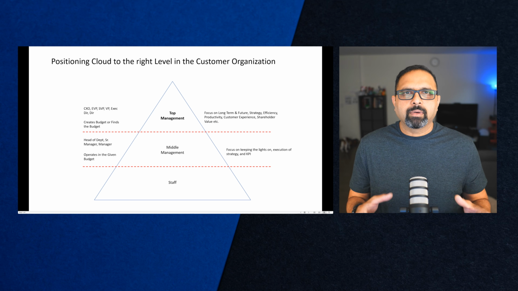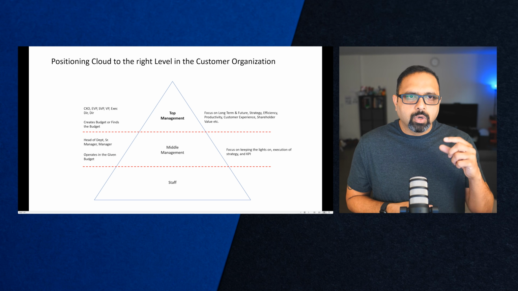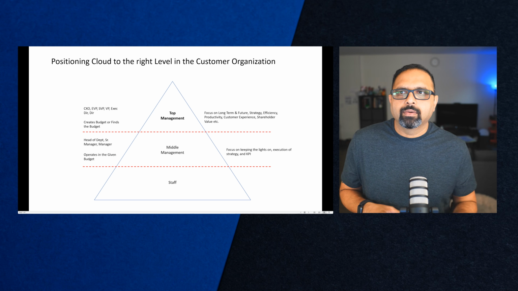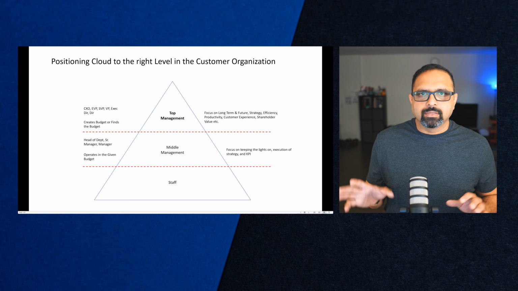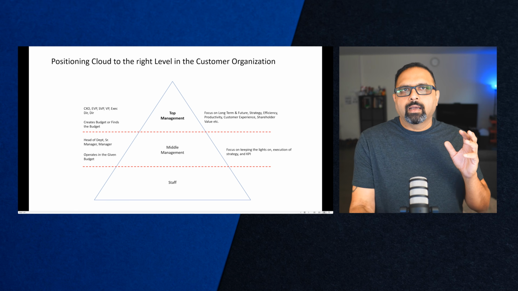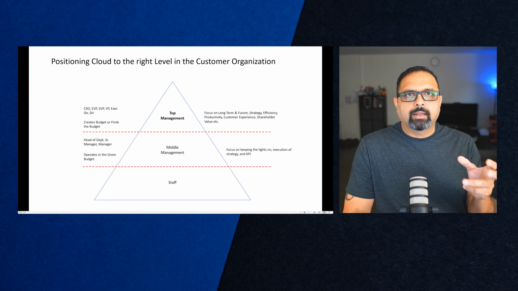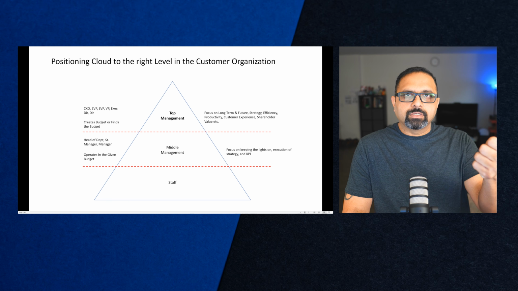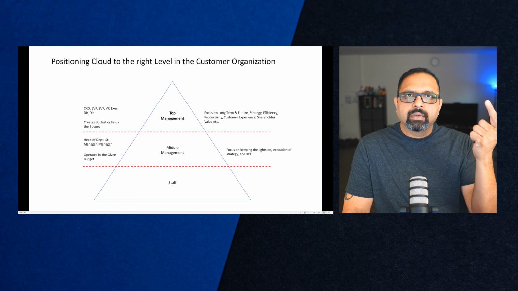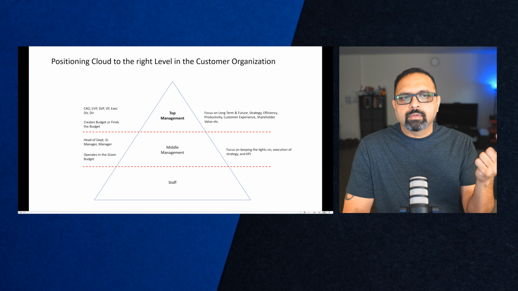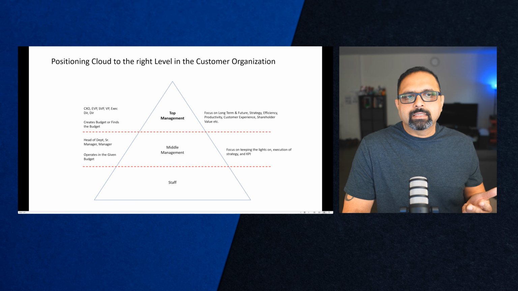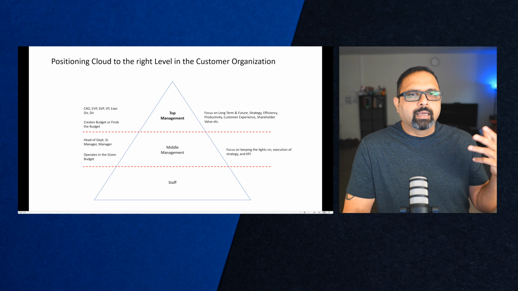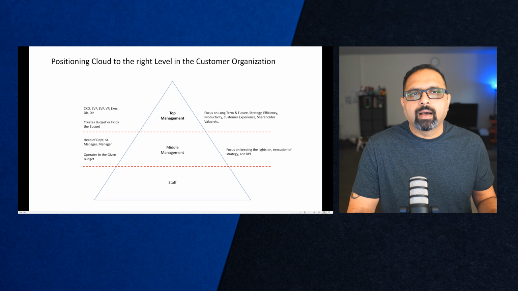When you're selling complex cloud technology, your pitch is not how fast it is and those things. No, it is all about how to translate that cloud technology's benefits into strategy, efficiency, how to increase productivity of the organization, how this will increase customer experience, shareholder value, time to market, and those things.